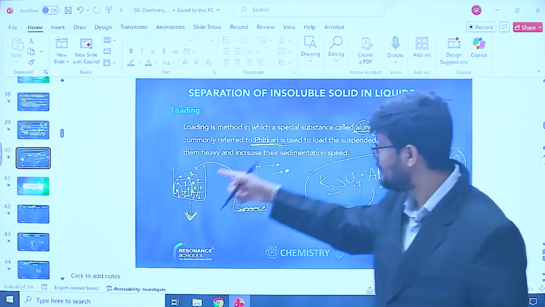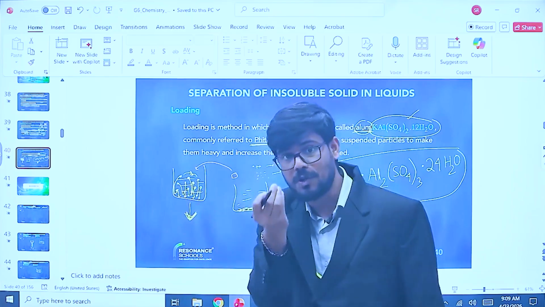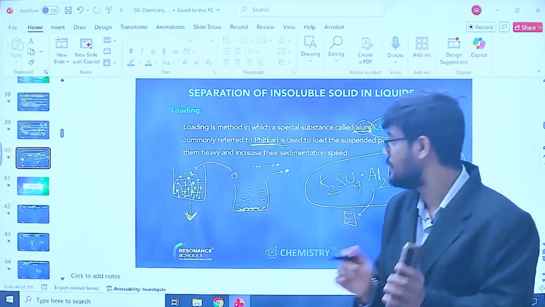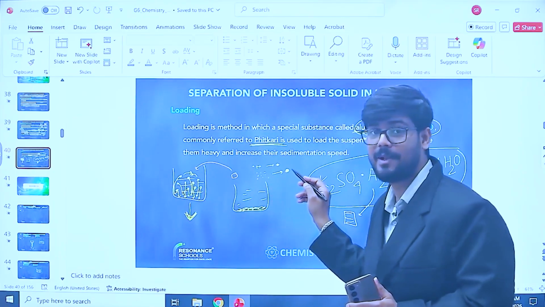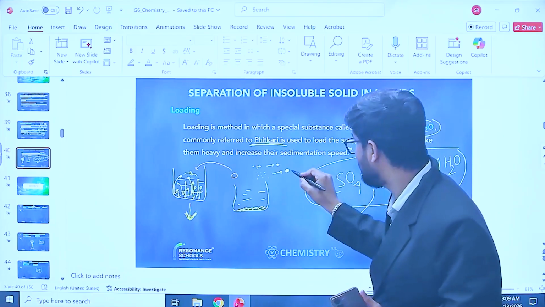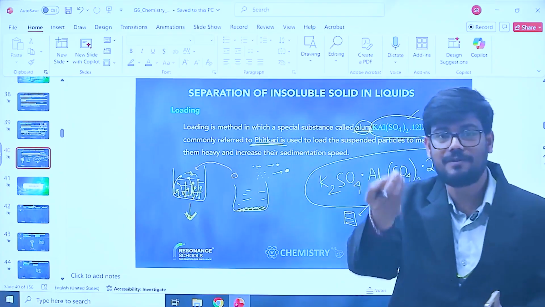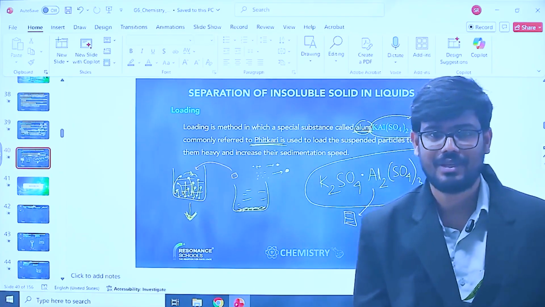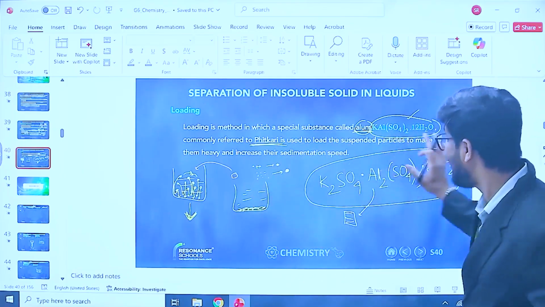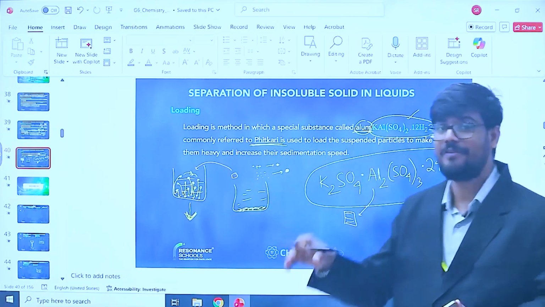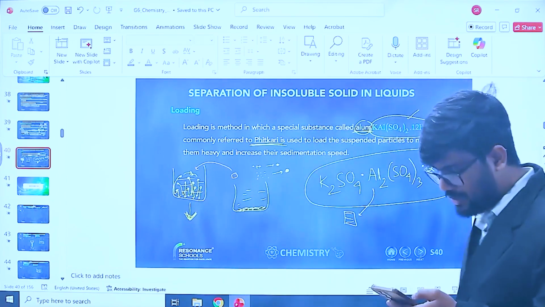If we add this into the mixture, all the small particles become big particles. Then sedimentation will happen, and you can do decantation. So loading is only about adding one substance to convert small particles into bigger particles. I think the loading part is clear.